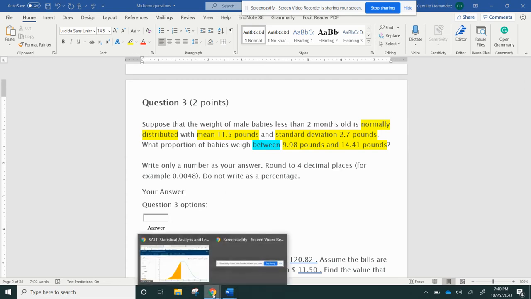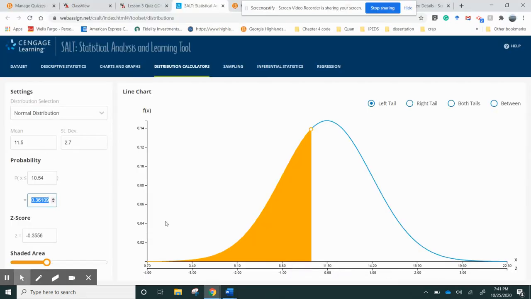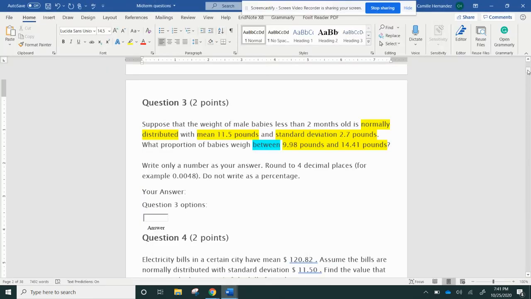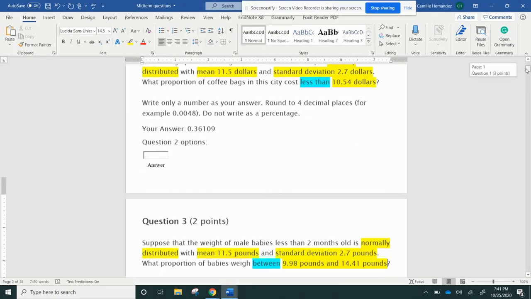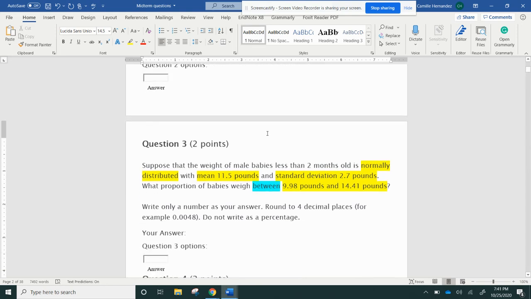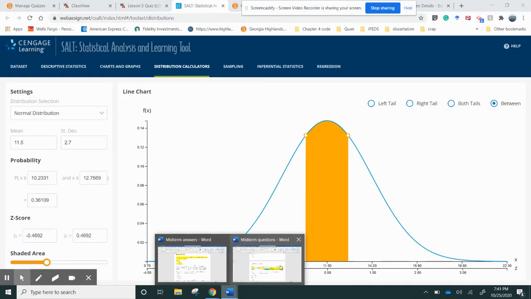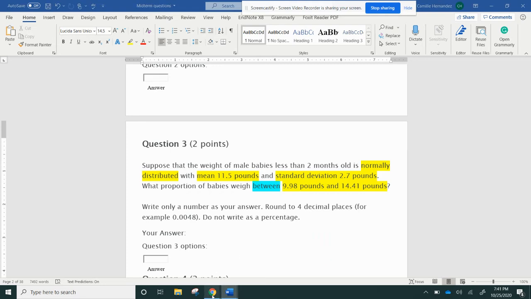All right. So I'm going to go back to my SALT. Oh, look, it's right there. We're good. All right. So that's the same mean and standard deviation. And all I need to do now is do the between. So I'm going to do between. All right. And the lowest value it wants me to do is 9.98.